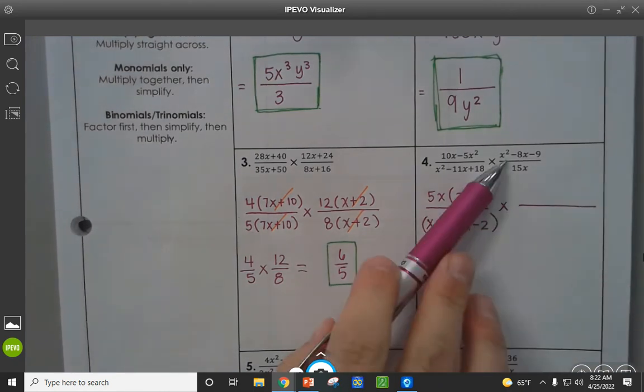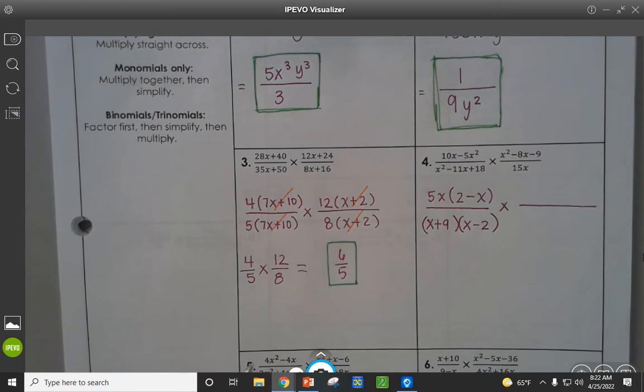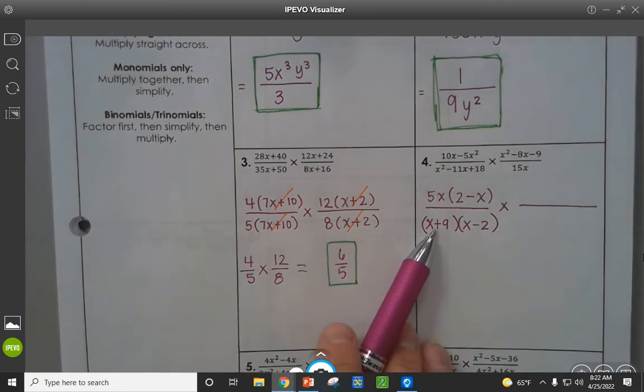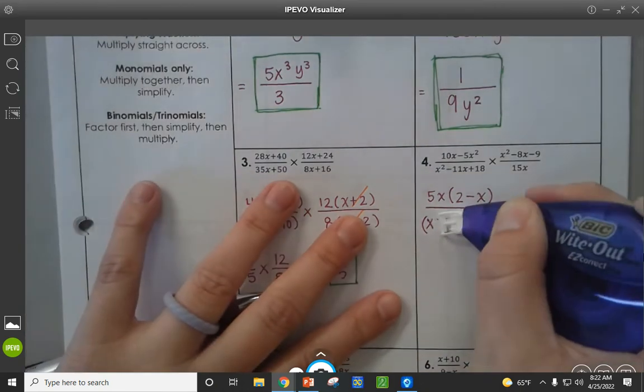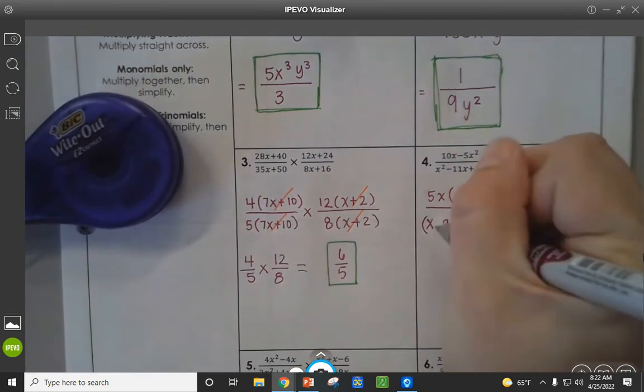In the top, on this fraction, do we have a GCF? Oh, wait, no, not x plus 9. It's x minus 9, yep. They're both negative. Because negative 9 and negative 2 make negative 11. And negative times negative is a positive.